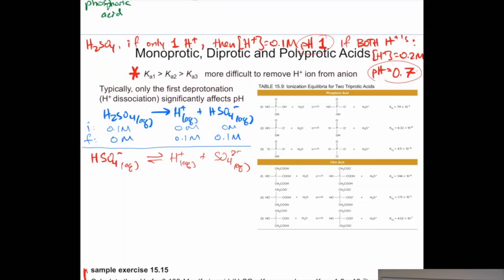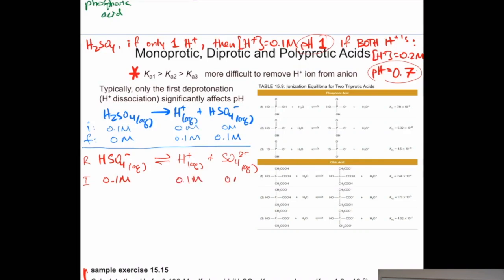All right, so now we need a rice table for this second one, because hydrogen sulfate ion is a weak acid. So here's the R for our rice table. What's the initial concentration of hydrogen sulfate? 0.1 molar, because we just made it. What's the initial concentration of hydronium ion? 0.1.